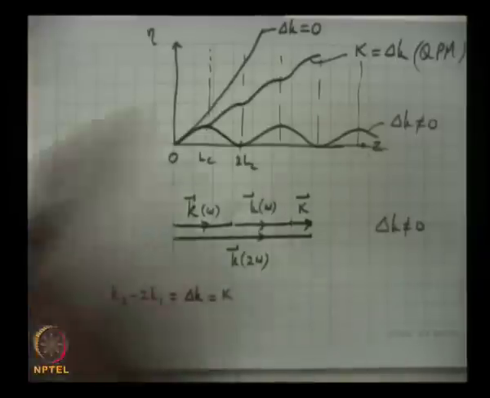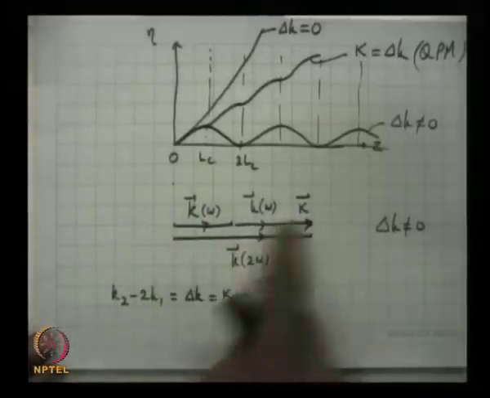This is a drawing of the momentum of the photon. There is an extra small vector, capital K vector, which is coming because of this periodic variation, and that I am using to close this triangle, to close this figure here, and to make sure that the sum of these three must be equal to this.